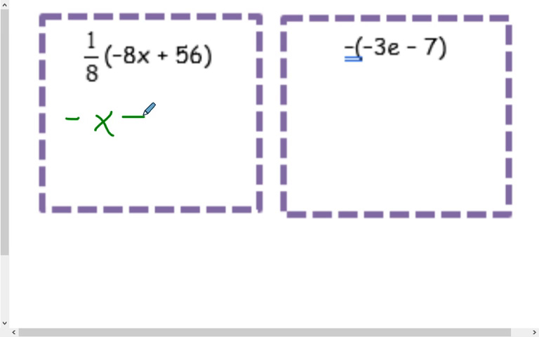And then we have 2 positives, so it's positive 1/8 times 56 is 56/8, which we can simplify, 56 divided by 8 is 7. We have a negative times a negative, which is a positive, so it's a positive 3e. Negative times a negative is a positive, and then 7.